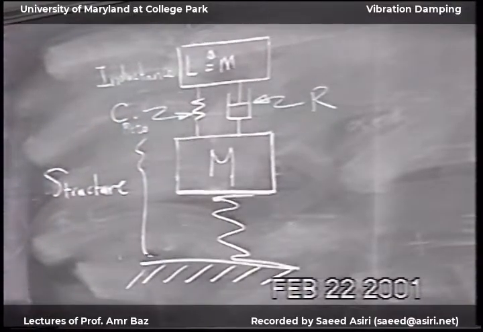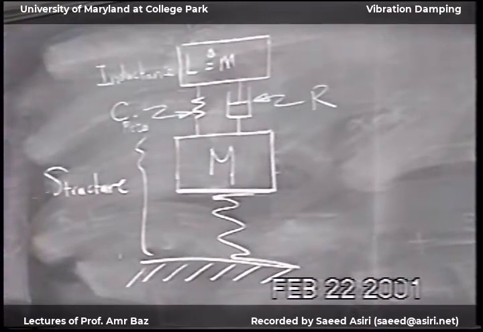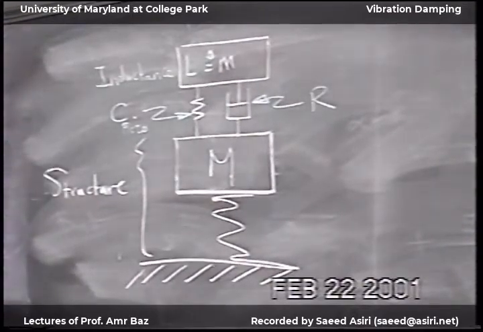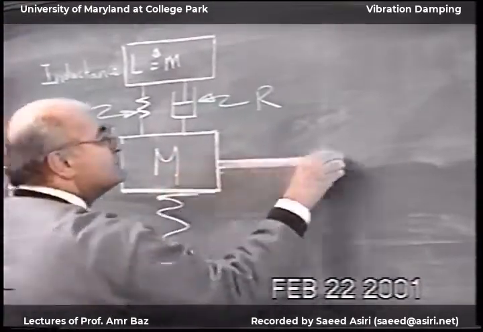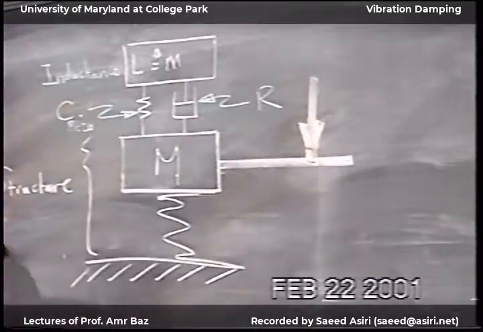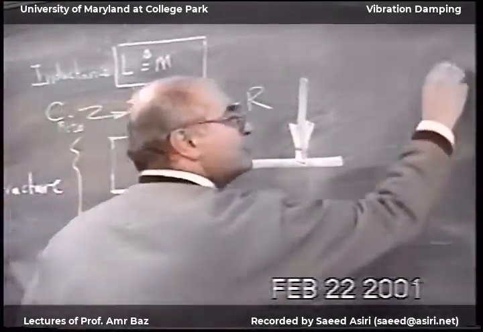Okay? Now we've solved this problem already in Vibration 1. We know how this works. If I have a structure, and on this structure it has excitation, then this structure will look like this.